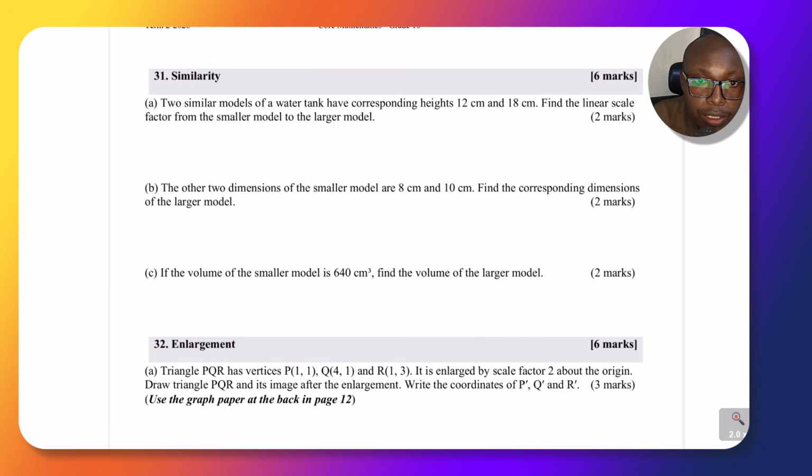Question 1. Two similar models of a water tank have corresponding heights 12 centimeters and 18 centimeters. Find the linear scale factor from the smaller model to the larger model.